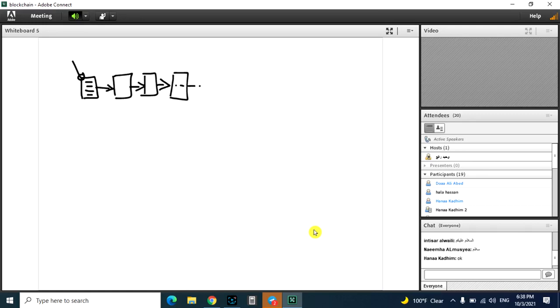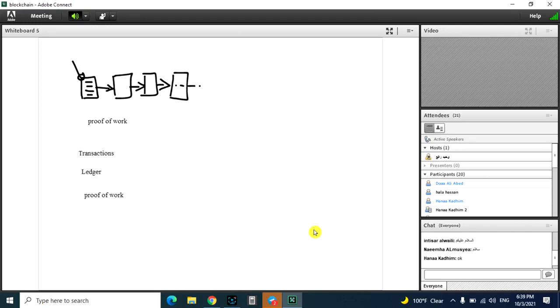Proof of work. Okay, so in this lecture, at first, I'm talking about transactions. Then I will talk about ledger, what's a ledger, and finally proof of work.